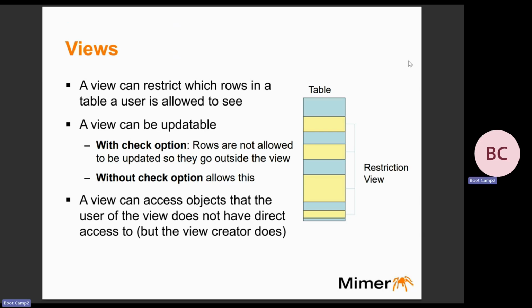So you can actually do an update on that view, and if the view has with check option, then you're not allowed to update so that the row or the values move outside the view. So you cannot take a row from the yellow view and update it so that it moves outside. But if you have without check option, that's allowed, but then you won't see it again, at least not through the view.